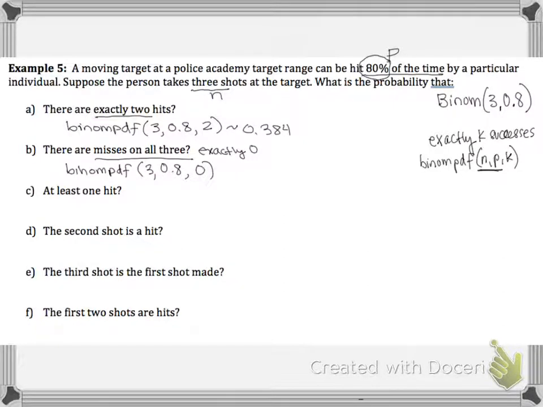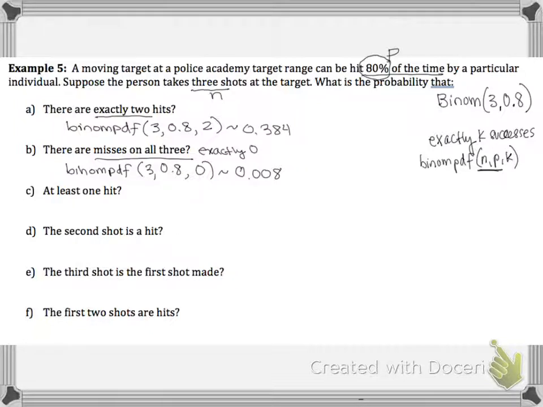If you have a newer calculator, these are entered as trials, P, and then X value or something like that. But if you have an older calculator, you actually have to type in the comma between all the values before you end the parentheses and hit enter. If you stick this in your calculator, you get 0.008.